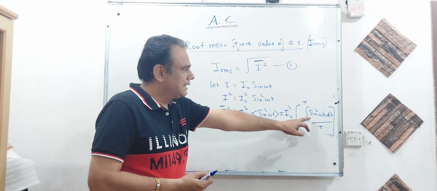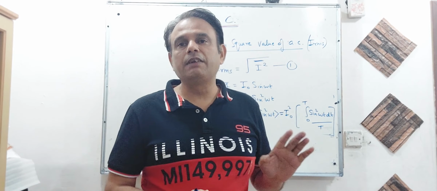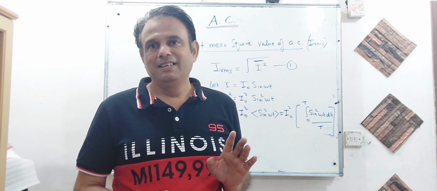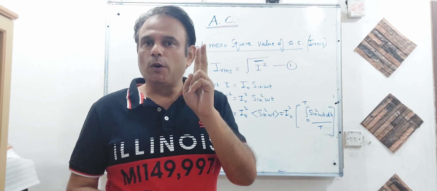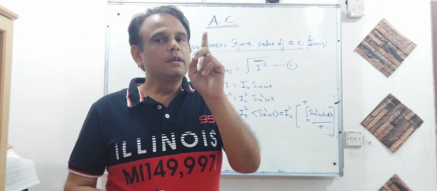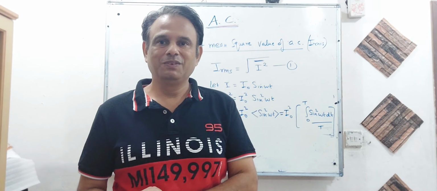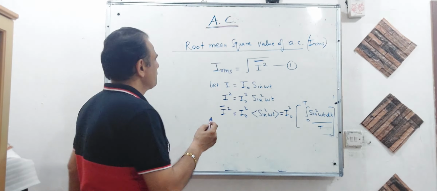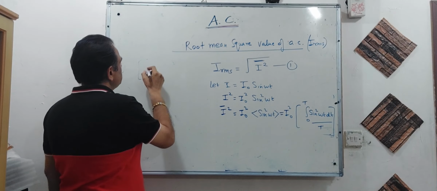Now here, sin square omega t, as I told you, square function of sine we cannot integrate. So my second formula in the previous video I gave you, sin square theta equal 1 minus cos 2 theta by 2. What was it? Again I am writing it because that is a very important equation.